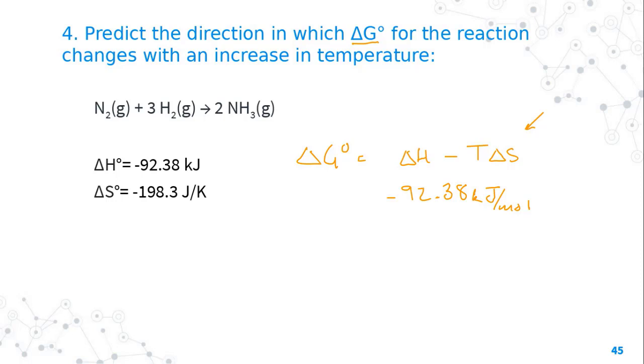And then we're going to have here negative, let's go ahead and convert it, 1.1983 kilojoules per mole Kelvin. And let's just choose a number. Let's say standard temperature is like 298 Kelvin. Can anyone tell me how much this would be?